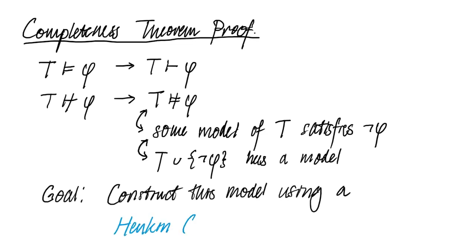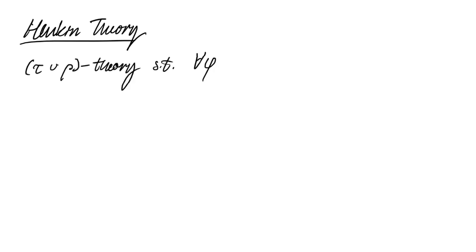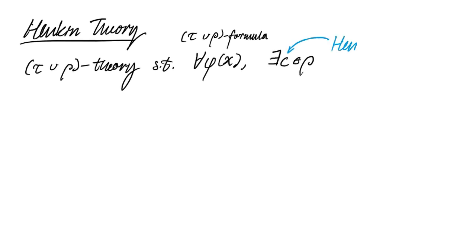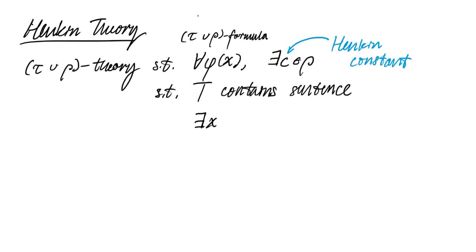We'll do so by using a technique called Henkin construction. The idea is to add new constant symbols not in the signature of T and phi, the signature which we started with. Let's outline our Henkin construction. First, we'll define a Henkin theory as a tau union rho theory such that for every tau union rho formula phi of x, there exists a constant c, called the Henkin constant, in the signature rho such that the theory T contains the sentence: if there exists an x such that phi of x, then phi of c.